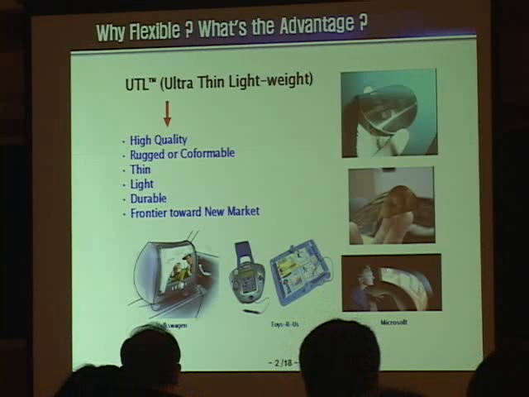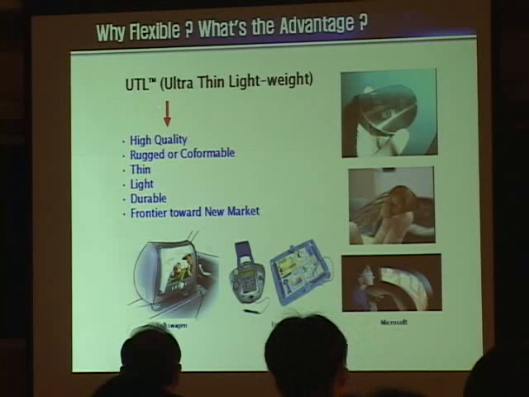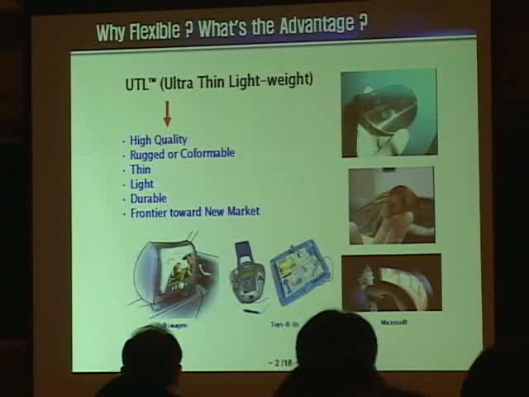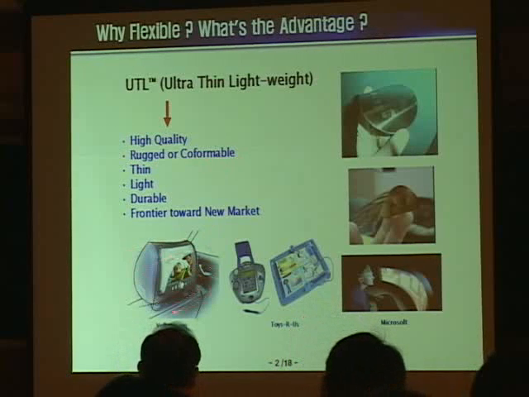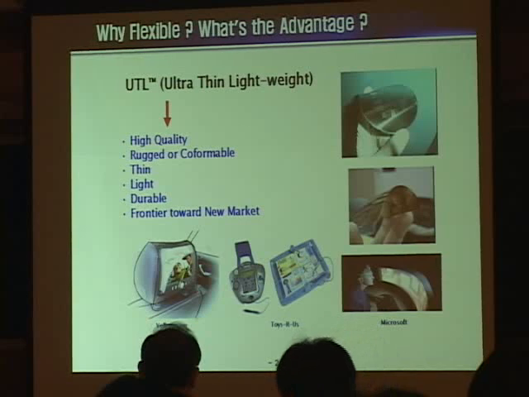So from this approach, we can make an ultra thin, light display with limited flexibility and great durability. We can also give a rugged and conformable display like this. However, stainless steel is not an ideal flexible substrate, as you know well.